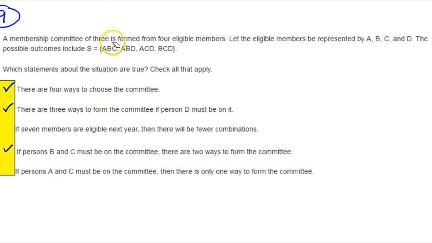I have a feeling that it's going to be 2, just like when it was B and C. All right, there's A and C. Nope. There's another A and C. Nope. So that's false. No, that's false. There's 2. So these should be the 3 correct answers.